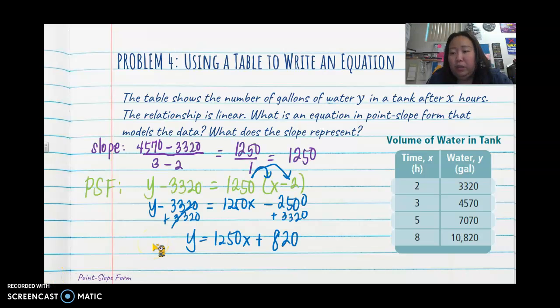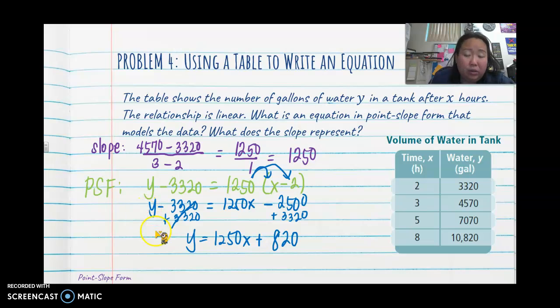Again, following the procedures, first we find the slope. It ends up to be 1250. Then what we are given are several points, so we can use the point slope form to write an equation of the line. We use (2, 3320) as our point of reference. We distribute 1250 to x and negative 2, and it ends up to be 1250x minus 2500.